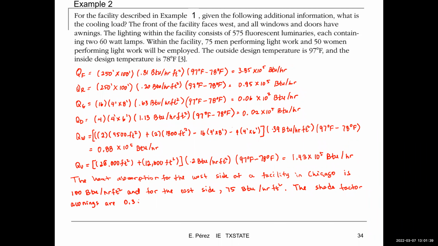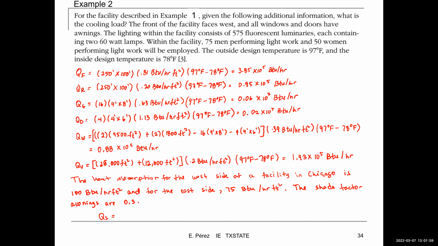Okay, so using this information, we can compute the cooling load for solar radiation. So QS is going to be, again, the area of the glass components.